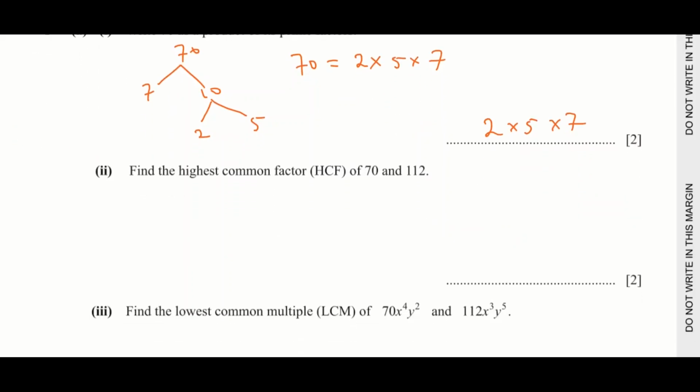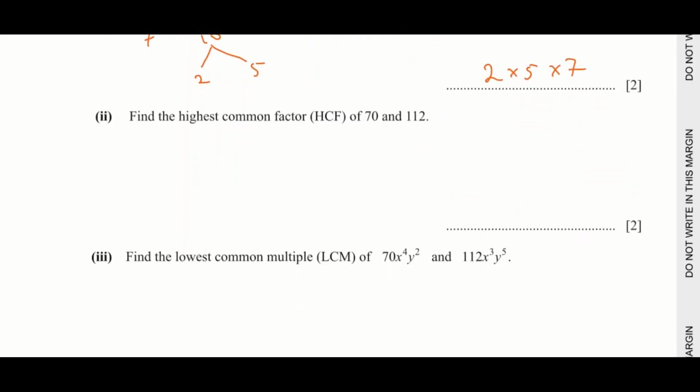Roman figure 2. Find the highest common factor of 70 and 112. We already know that 70 is equal to 2 times 5 times 7. So let's write 112 as a product of prime factors.